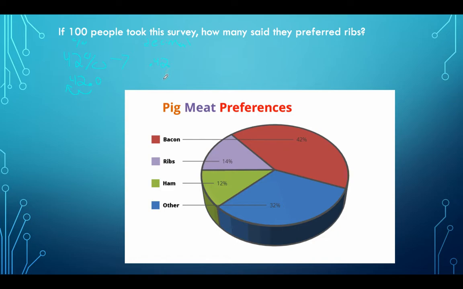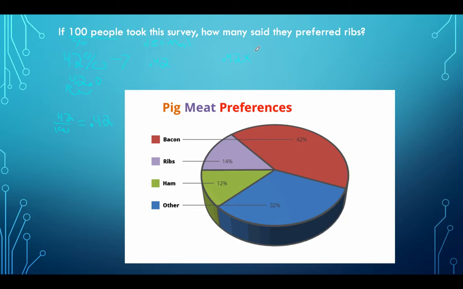The other way you can think of it is just divide by 100. 42 divided by 100, type it into your calculator, you get 0.42. So 42% as a decimal is 0.42, and what we're going to do, similar to the prediction section of probability, is 0.42, that decimal, times the number of people that they're giving us.